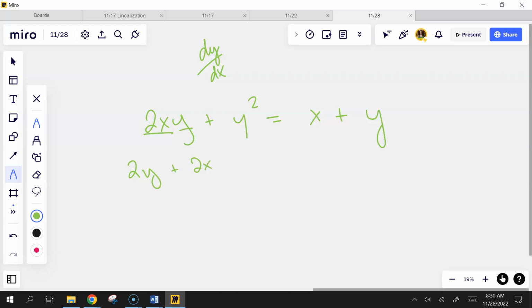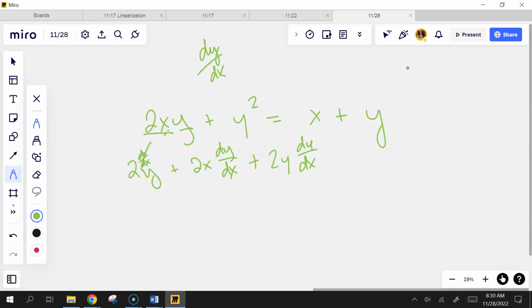What's the derivative of y? dy/dx. Here, technically, I could have said that the derivative here was 2 dx/dx, but that's just 1, right? You've been doing it, you just don't realize you've been doing it because it's 1, so you don't really include it. Move on. What's the derivative of y squared? 2y dy/dx.